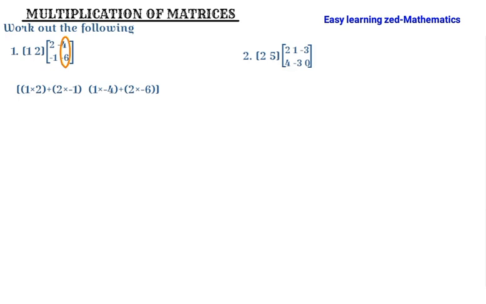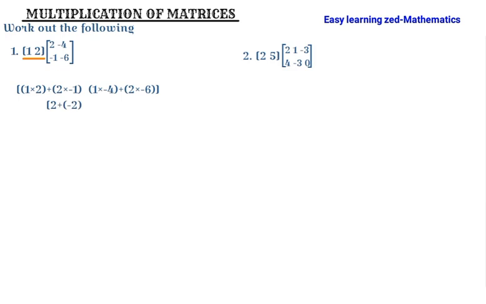So 1 by 2 will give us 2. Then 2 by negative 1 will give us negative 2.